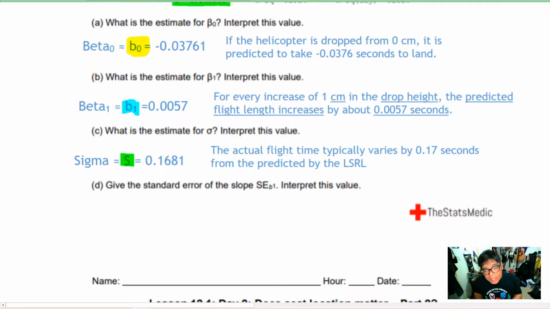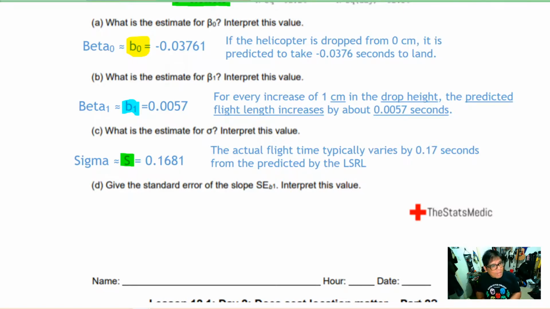The actual flight time typically varies by about 0.17 seconds from the flight time predicted by the LSRL.